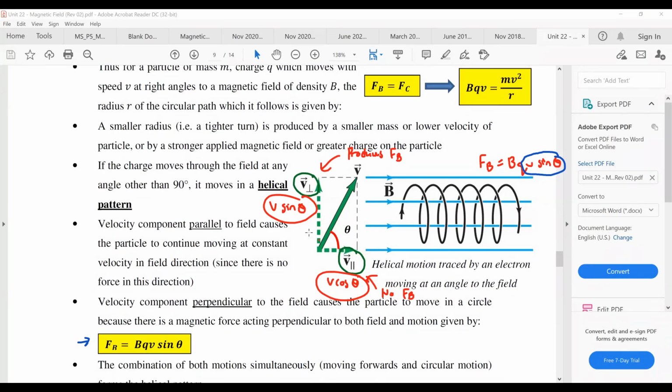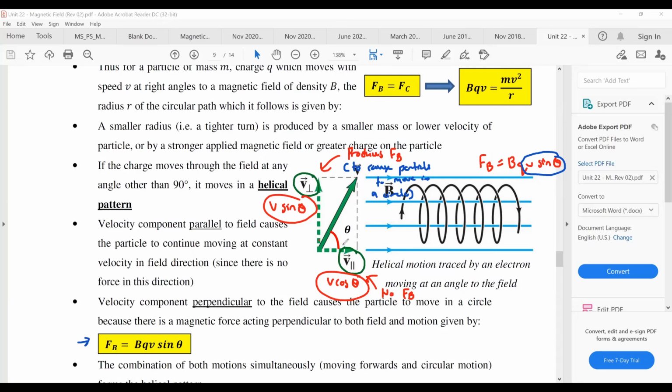Now this component of velocity perpendicular to your field is what causes your charged particle to move in a circle. This component of velocity will produce a magnetic force to cause the particle to move in a circle. Whereas for the component of velocity parallel to the field, there is no magnetic force because it's parallel to the field.